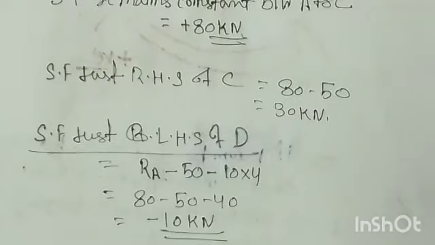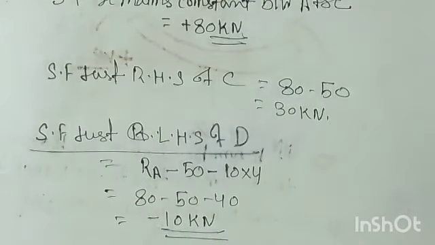So now you can see that just before D the shear force has changed its sign from positive to negative. It means that between C to D we have to locate one point where the shear force becomes 0. That we will do later on.